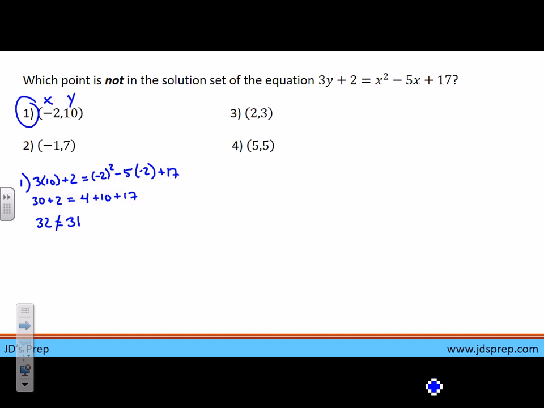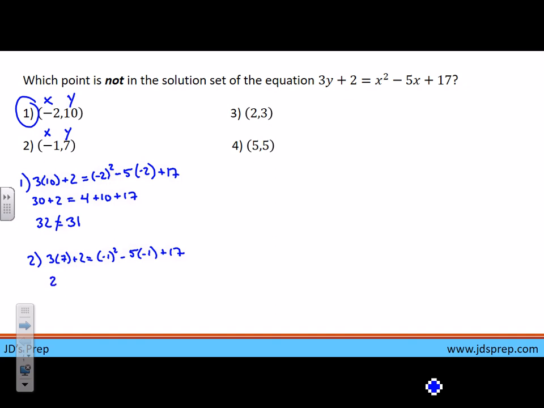If I go through and check the other points, all of these other points will be in the solution set. So for instance, if I did number 2 here, the -1, 7. -1 is our x, 7 is our y. So I would have 3 times 7 plus 2 equals -1 squared minus 5 times -1 plus 17.